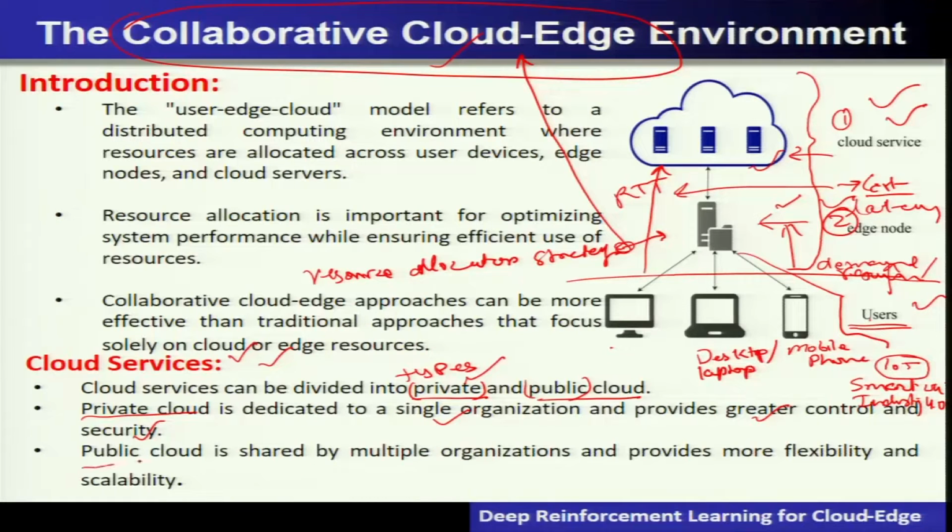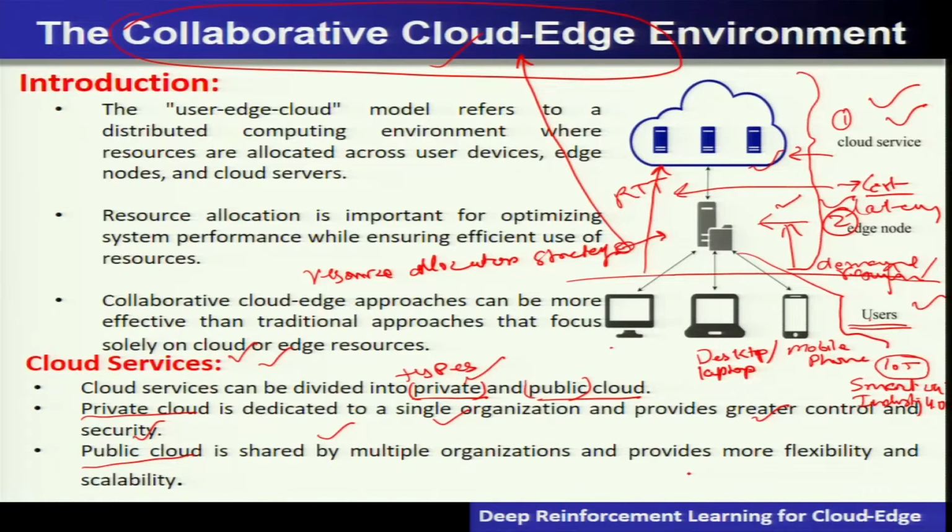Another type of cloud is called a public cloud. A public cloud is shared by multiple organizations and is available to the public. When you say public, it means anyone can access it who is ready to support the pay-as-you-go model.